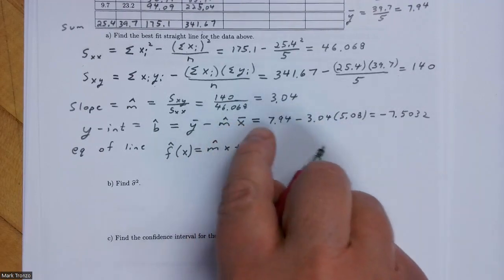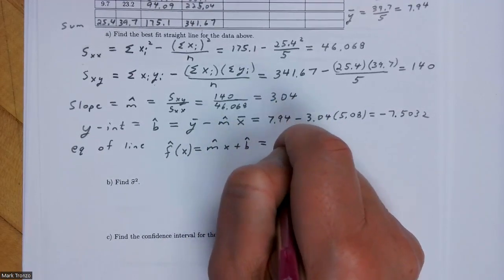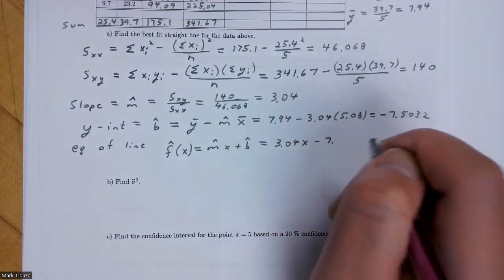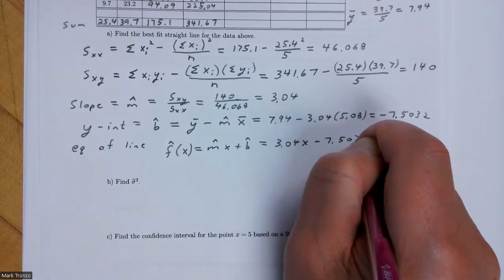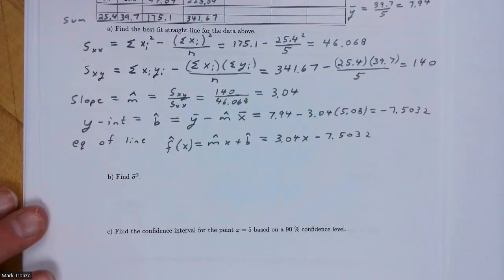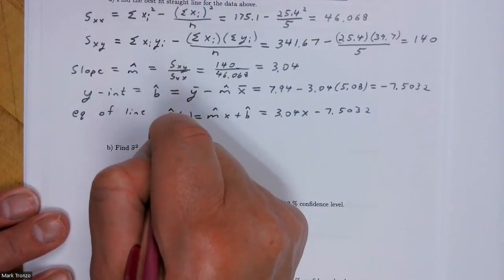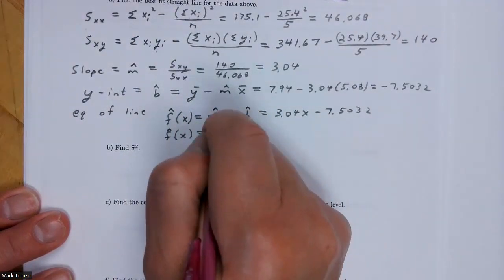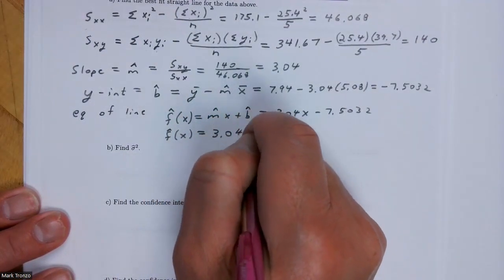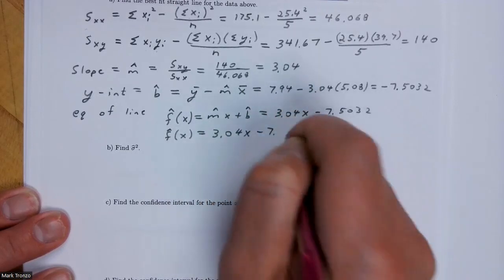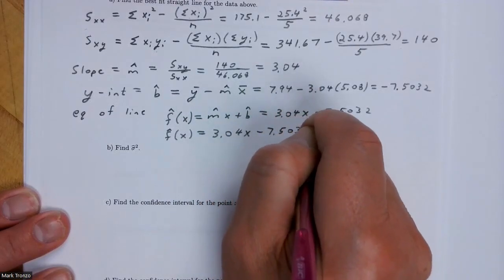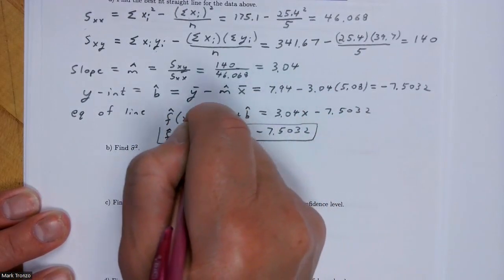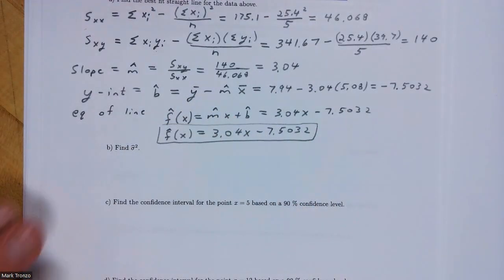We found m hat up here to be 3.04, and b hat was minus 7.5032. So the bottom line is the equation of our line is going to be 3.04x minus 7.5032. That's our best fit line. Any questions on that?